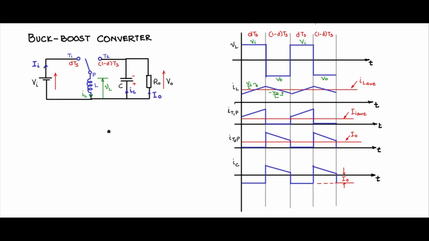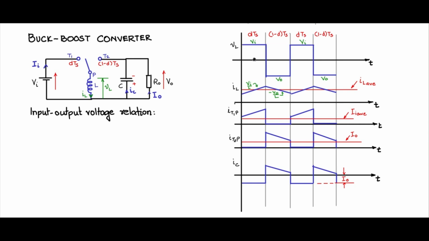Let us now find the input output voltage relationship and the input output current relationship for the buck boost converter. So first the input output voltage relation. Let us use the voltage across the inductor waveform and apply the volt second balance for the voltage waveform.